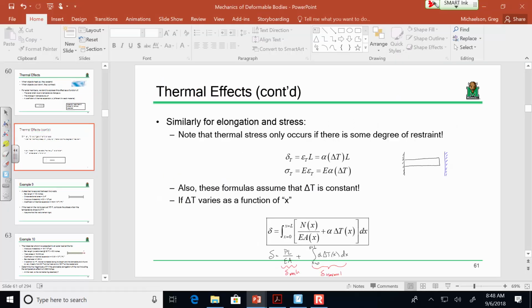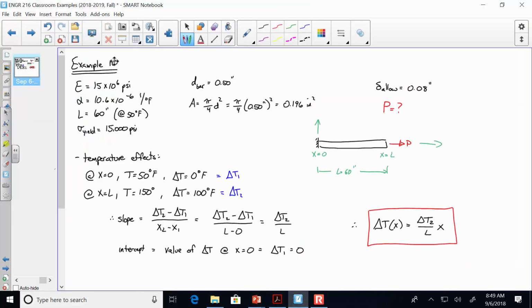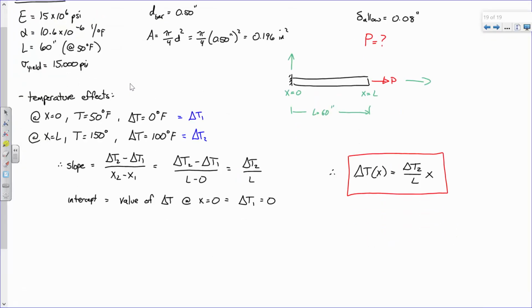All right. Let's look at this delta thermal. Let's see what we can figure out here. So that's the integral from x equals 0 to x equals L of alpha delta T of x dx.